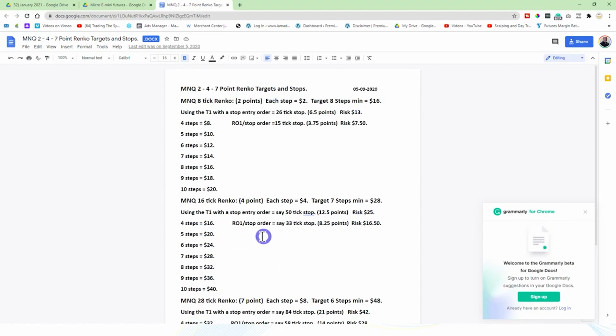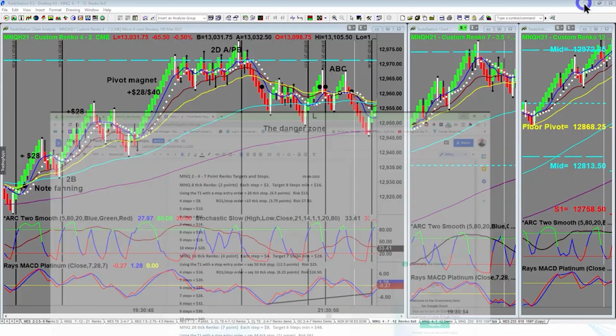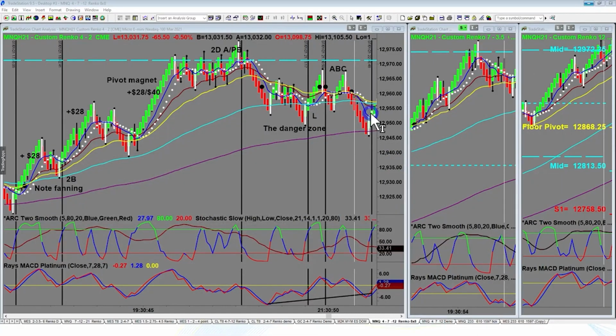If you were to enter on the first candle, not waiting for the 3 higher closes, your risk would only be $16.50. We cover that extensively in training. Once you understand how the table works, it's very straightforward, but that's important for your risk reward. So if I'm entering just above that third candle, with my stop down here, I've got a $25 risk.